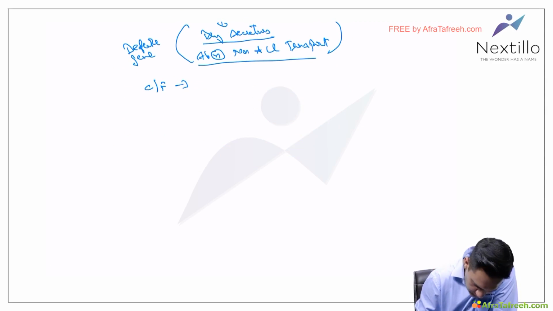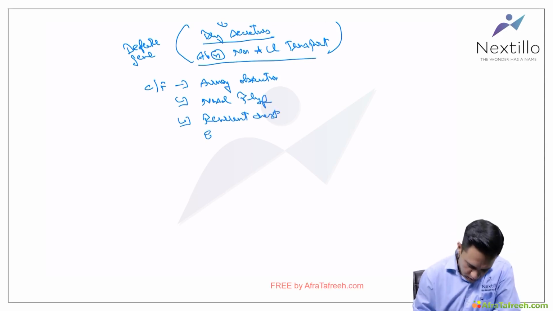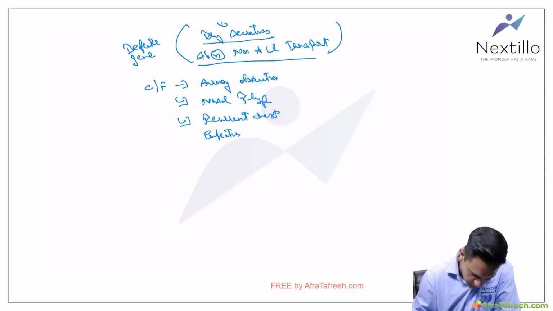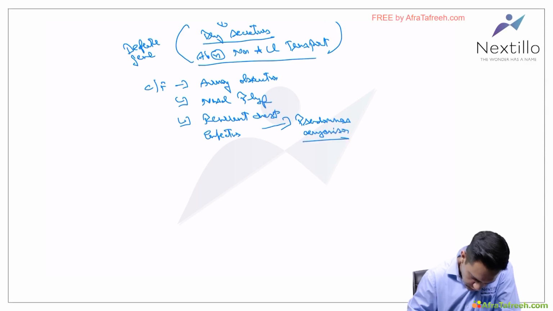So what are the clinical features? Clinical features can be airway obstruction, there can be nasal polyp, there can be recurrent chest infection. Chest infection can be due to Pseudomonas aeruginosa.